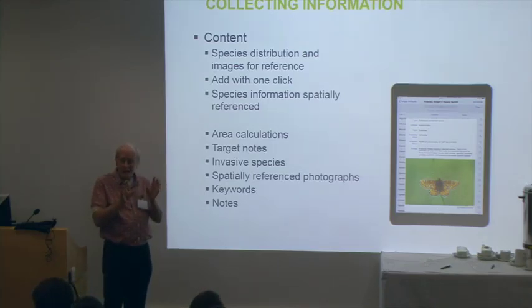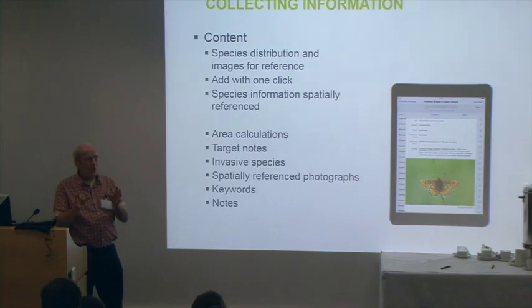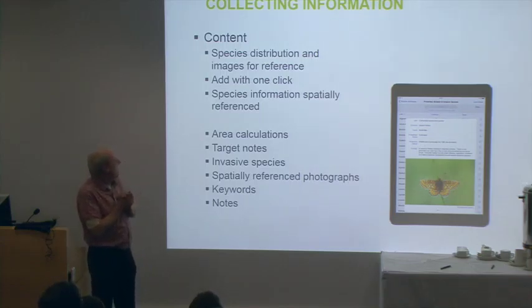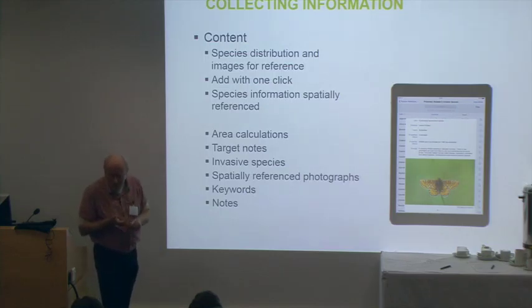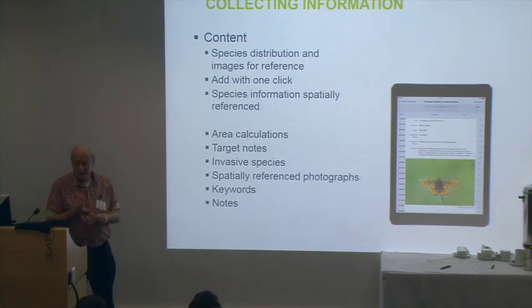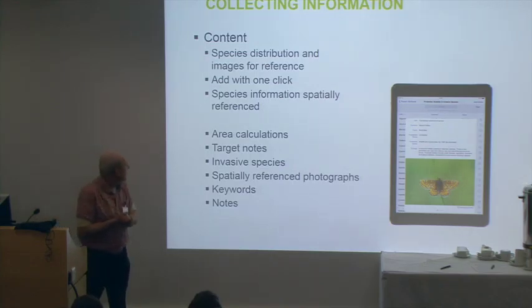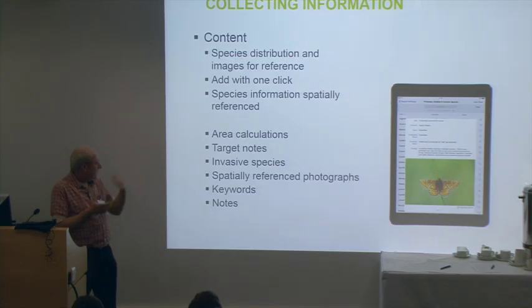It doesn't serve as an ID guide, but if you're way off range, then maybe you may not be looking at quite what you think you are. You can add your own species as well, extras. So we've got the standard species, we've got lists of species of importance and invasive species that you can add as well. You can add all the keyword information about usage, etc., and notes as well.